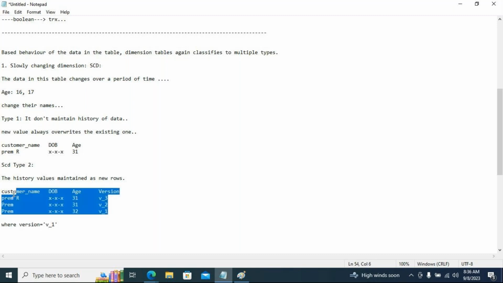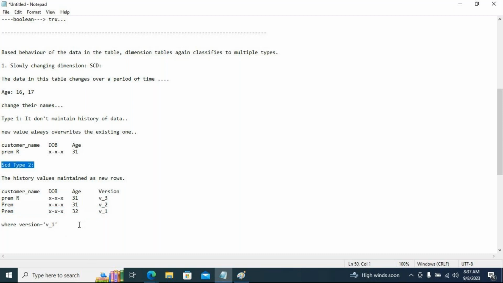So in this table, when modifications happen, the details are stored as another row. The history information is maintained as other rows. Based on the requirement, we are authorized to extract the history of the records updated for any customer, but the latest information is flagged as V underscore 1. This is a type 2 SCD dimension.